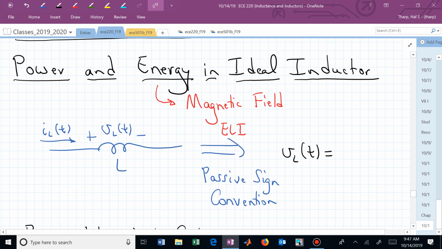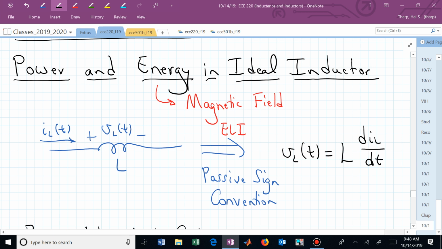If I now have this circuit element with voltage and current as labeled, what's the current voltage relationship on the right? What's the equation based on ELI? V, that's on the left, is equal to the proportionality constant, L in ELI, and then the last letter is what we differentiate.